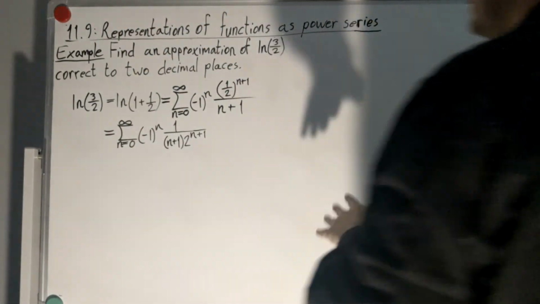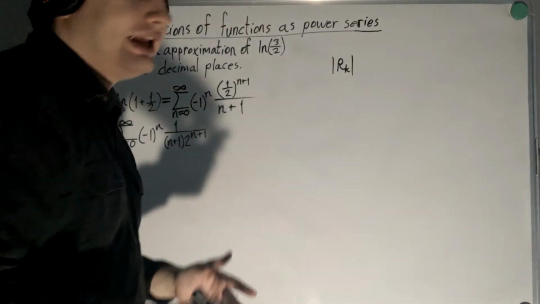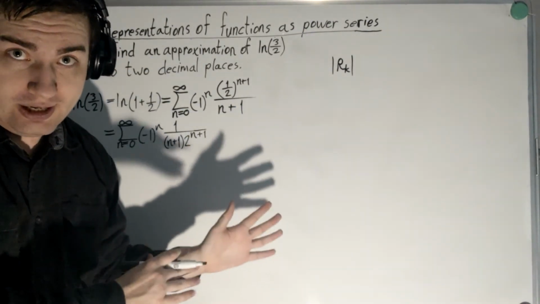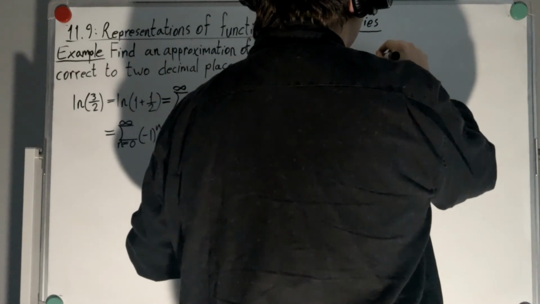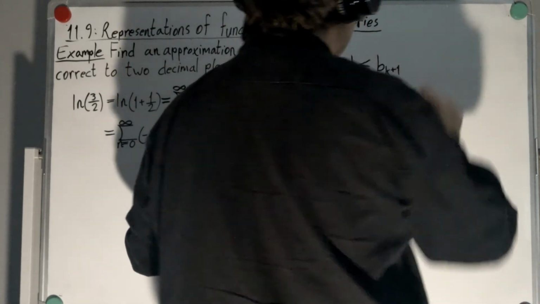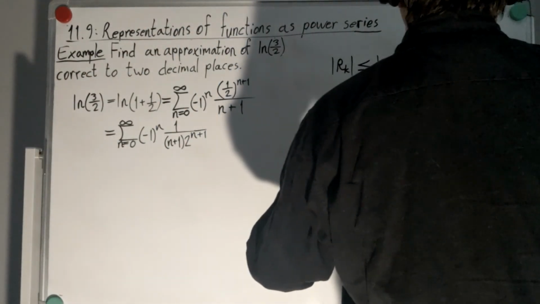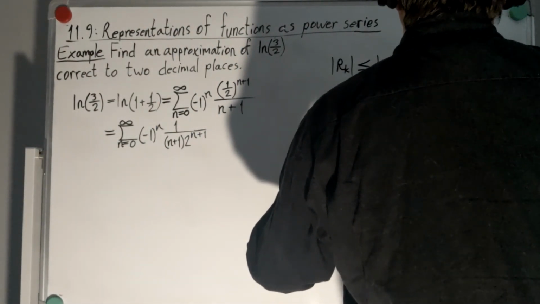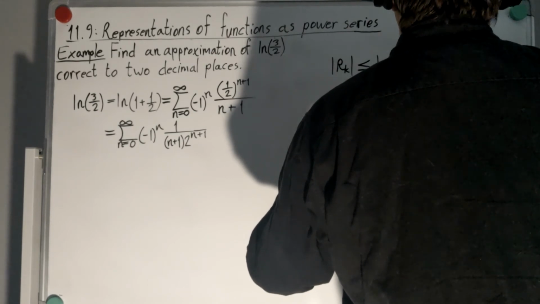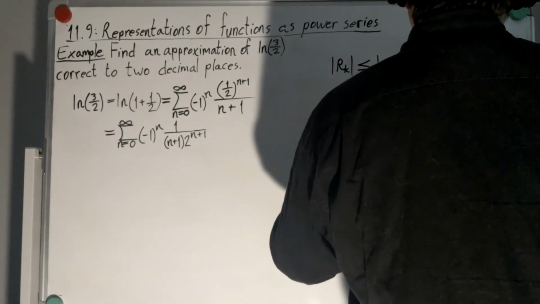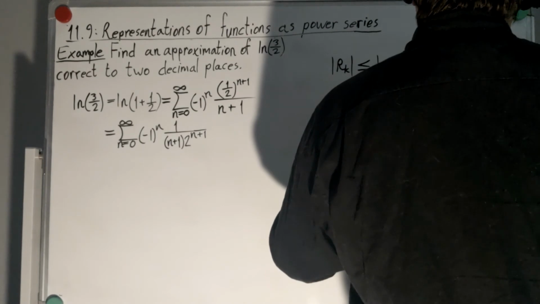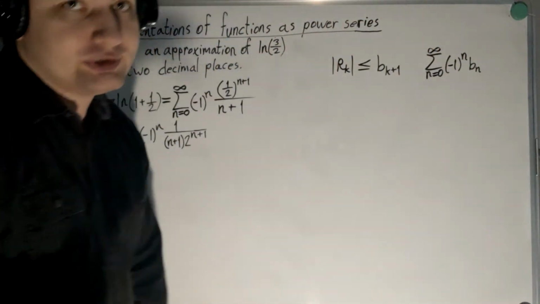Remember, the alternating series estimation theorem says that the error in approximating using the kth partial sum, we call that R_k, its absolute value is less than or equal to b_(k+1), where the series we're talking about is the sum from n equals 0 to infinity of -1 to the n b_n, and each b_n is positive.